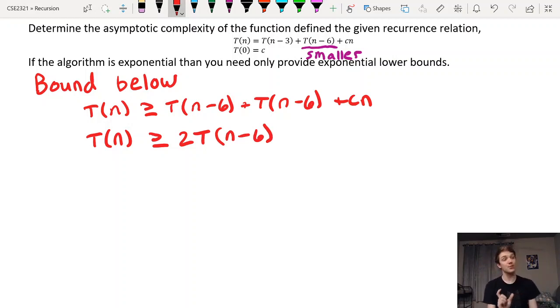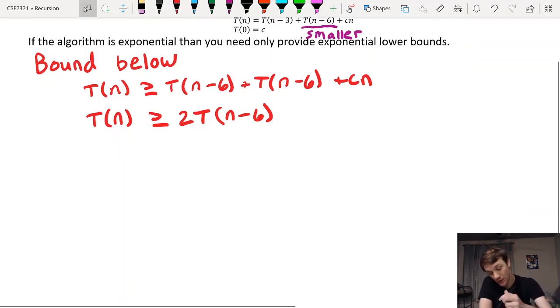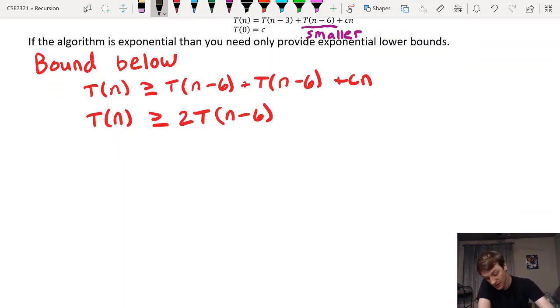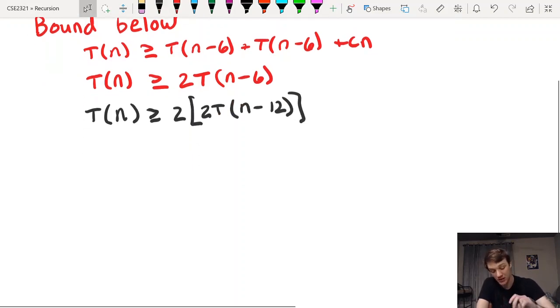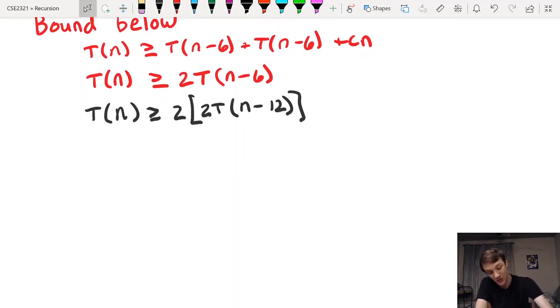I'm going to go through the substitution faster here and show you the way I typically do these problems on my own. I would do a substitution: T(n) greater than or equal to 2T(n-6), and do the substitution in place. If I plug n-6 in, I would get 2T(n-12) in that expression. That's by plugging n-6 into the equation above for all of the copies of n. Then maybe I do a bit of simplification.